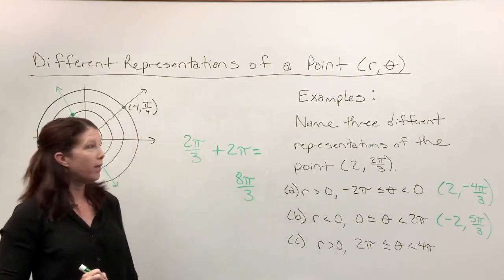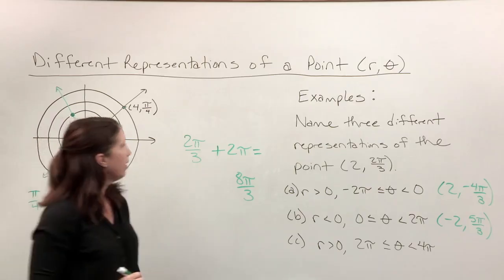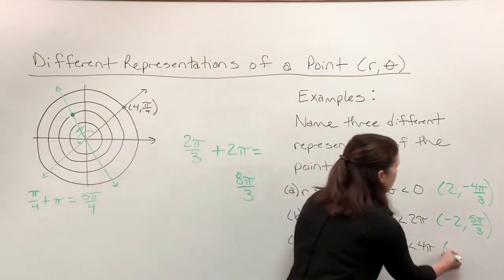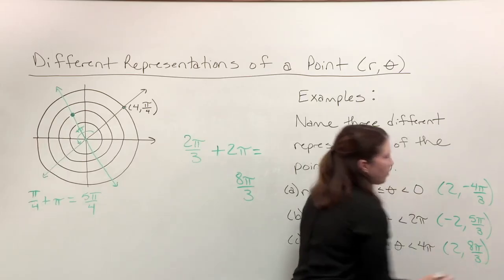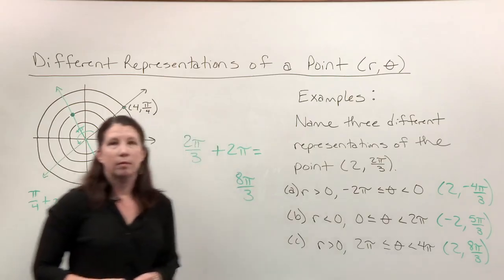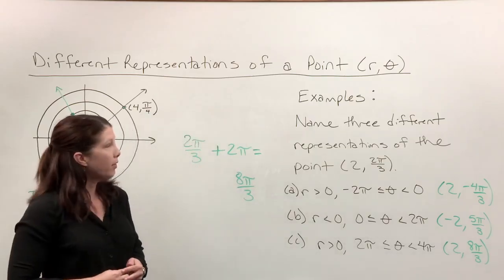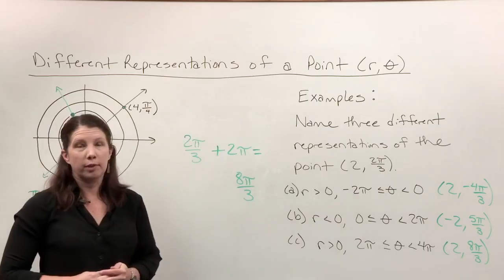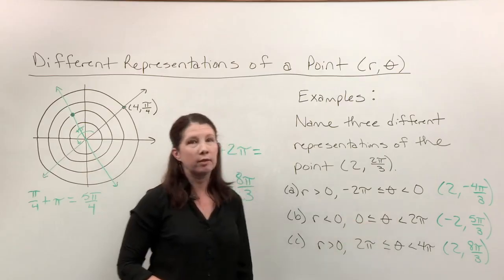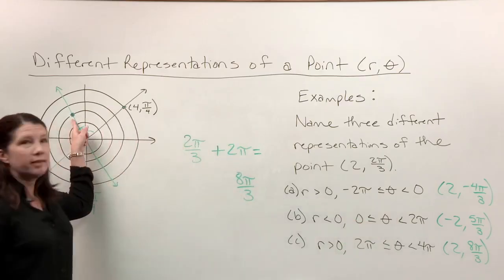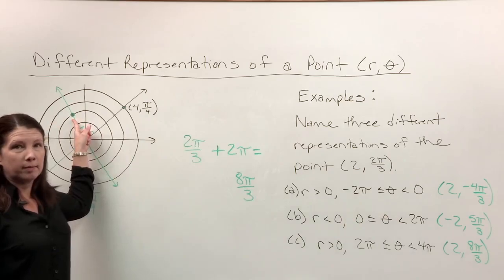So the third way that we can represent this point is 2, 8 pi over 3. Now, as we said, there are infinitely many ways that we can represent this point, but all 4 of these representations would result in the same point on our polar plane.